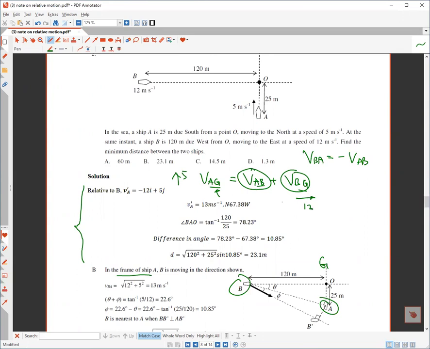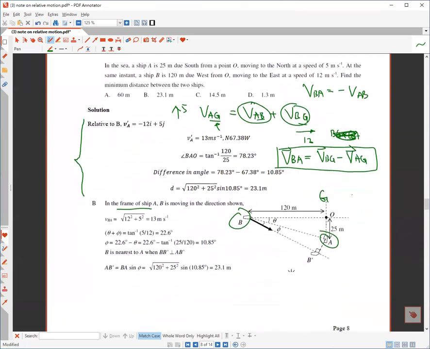So if you want to get VBA, the velocity of B relative to A, it can be written as VBG minus VAG. I hope you can write this directly. You can consider BG minus AG as BG plus GA, which gives you BA.